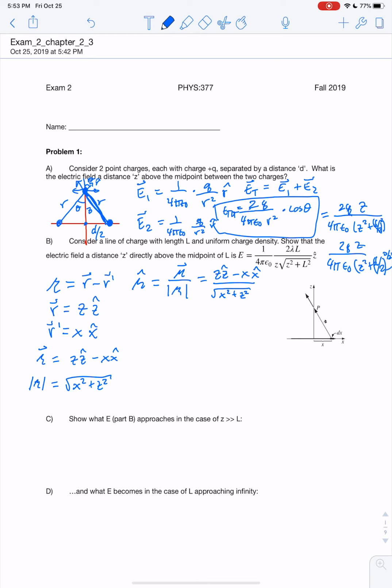So then I can rewrite this r vector in terms of x and z components.